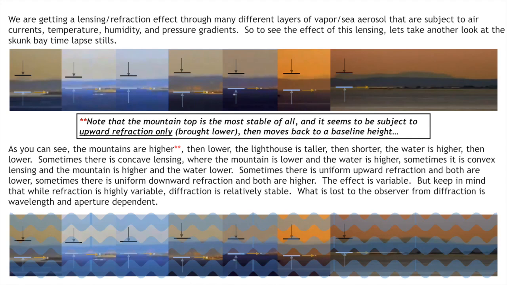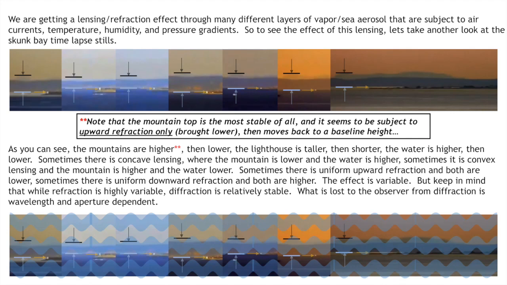So the lighthouse changes apparent size, it changes apparent position somewhat. The mountain seems to get a little bit higher, and then it also seems to get a little bit lower. And the water line seems to get a little bit higher and a little bit lower. There's just many different effects going on here.